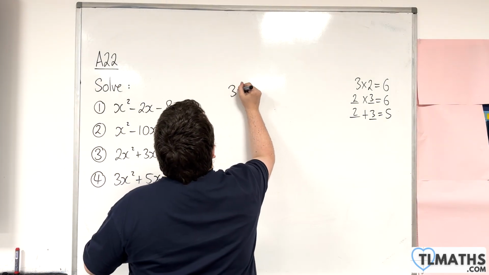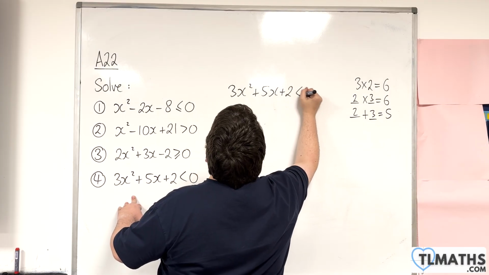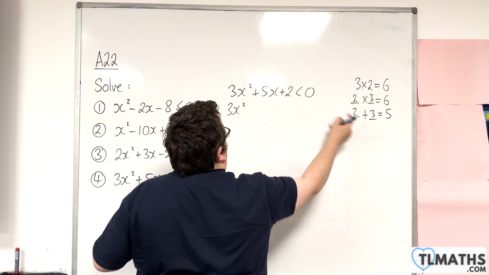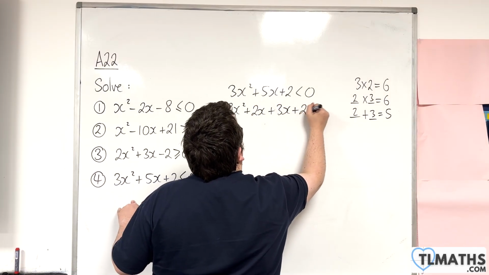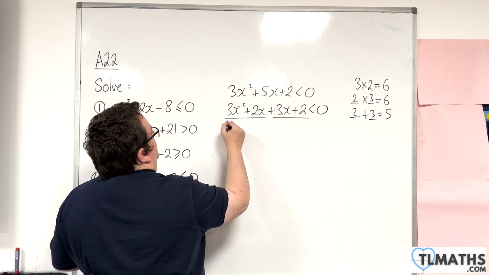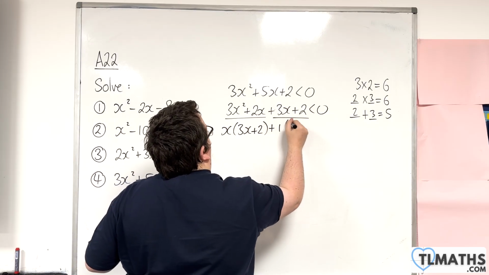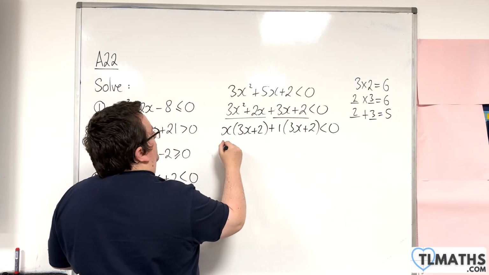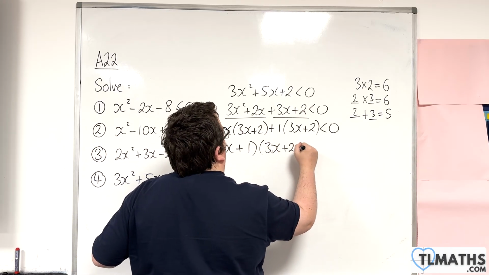So 3x squared plus 5x plus 2 is less than 0. We're going to split the 5x up into 2x and 3x. Factorise the two halves. We'll factor out an x there, so that'd be 3x plus 2, and we'll have one lot of 3x plus 2 there. So brackets are x plus 1 and 3x plus 2.